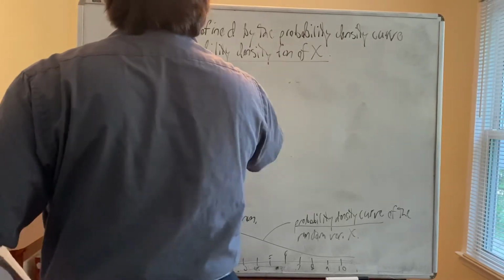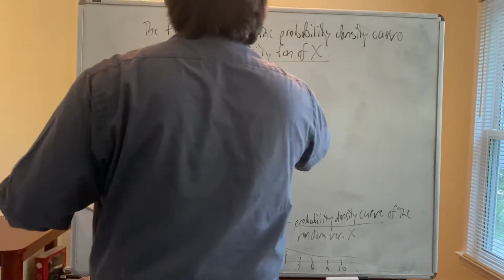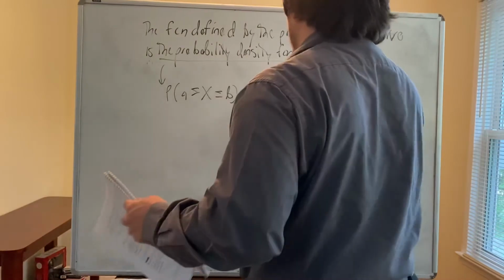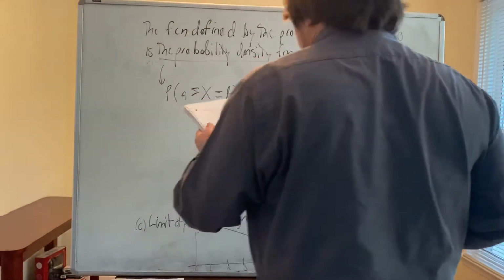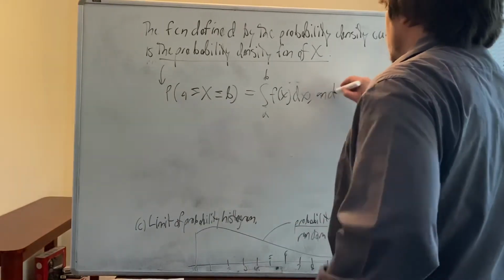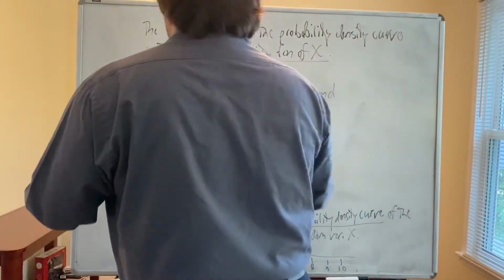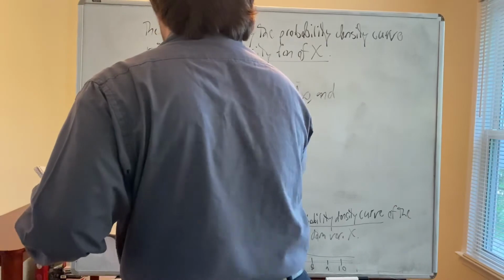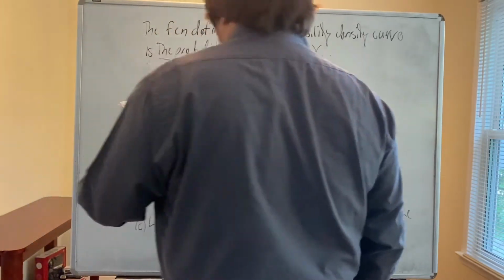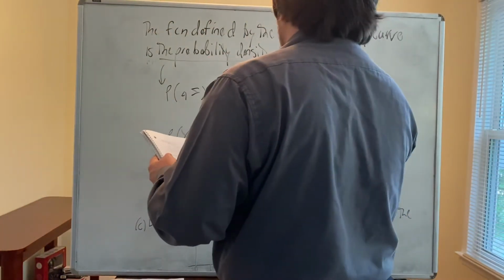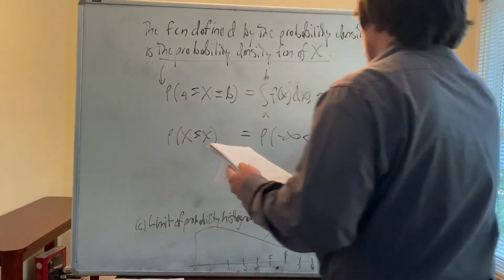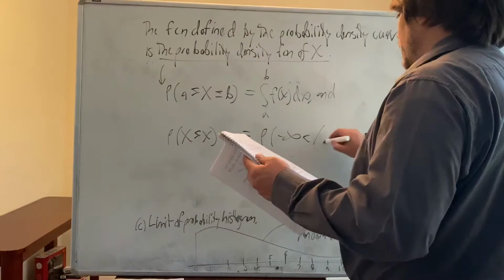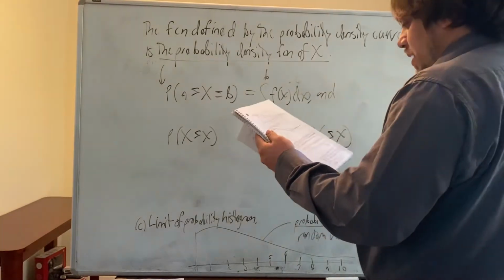That function is this function. The probability that little a is less than or equal to capital X, less than or equal to little b, is equal to the definite integral from a to b of little f of x dx. And the probability that capital X is less than or equal to little x is equal to the probability that negative infinity is less than capital X, less than or equal to little x.